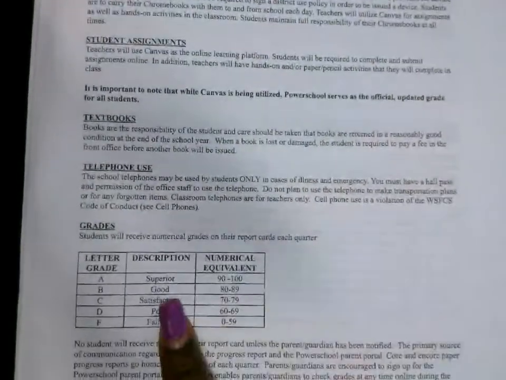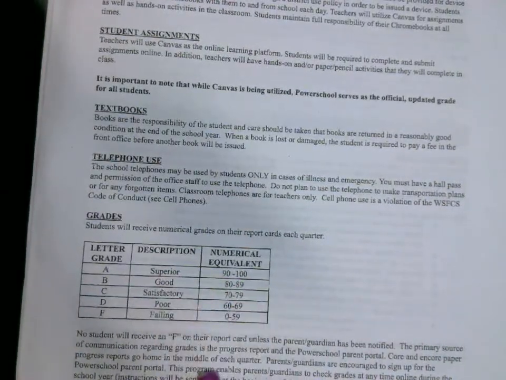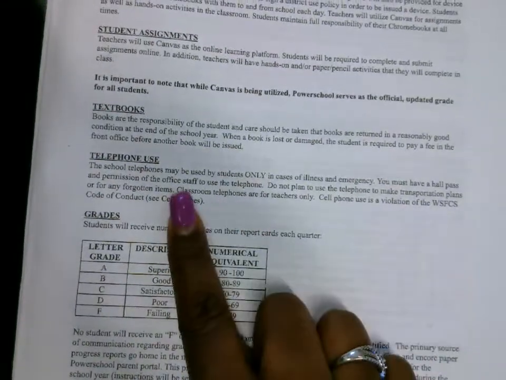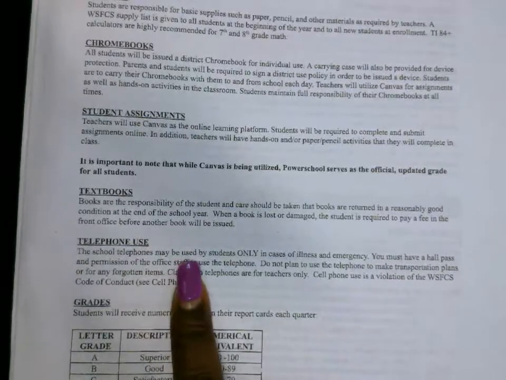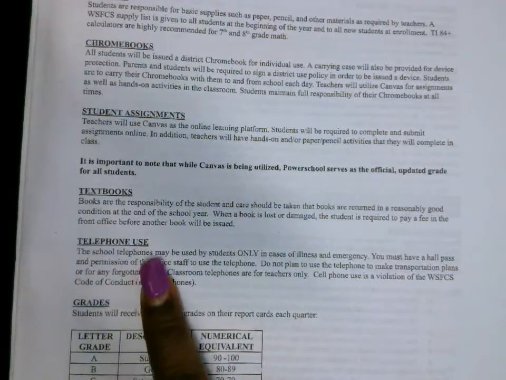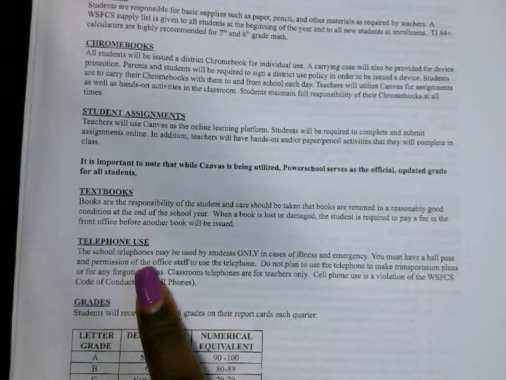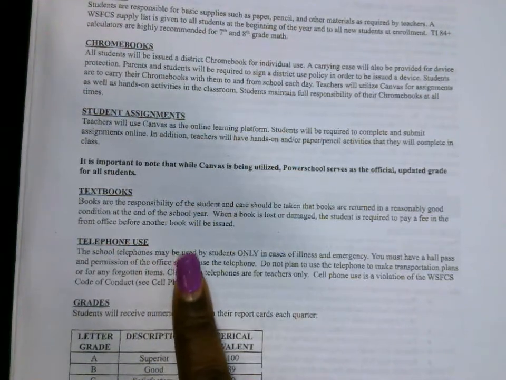Grades. We're on a 10-point scale, and these are the descriptions of what that 10-point scale is saying. Oh, I forgot. I'm sorry. Cell phone use. I skipped right over that section. I think that I've already told you this. No, I didn't. Anytime that you are ill or sick and you need to call home, you always do that from the office. Obviously, for attendance purposes.